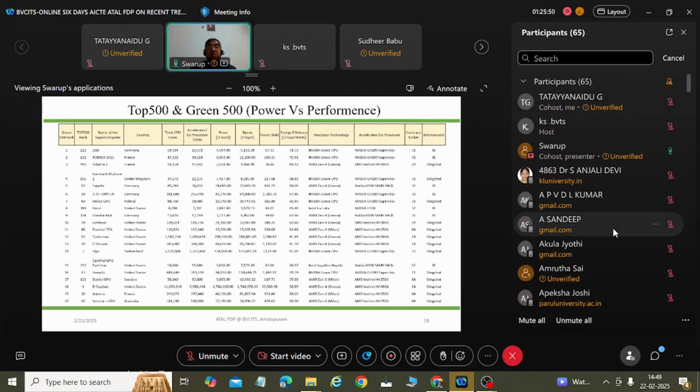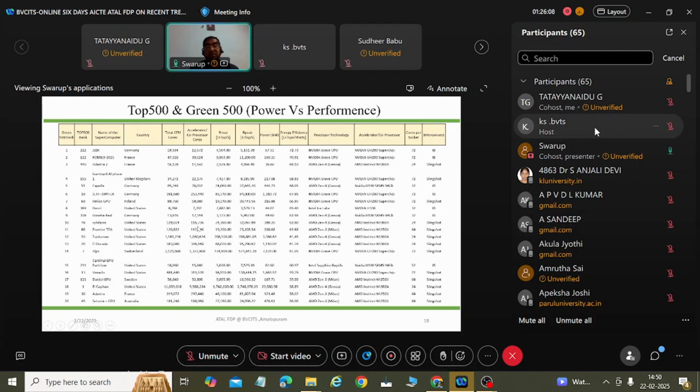Okay. Here you can see the Top500 rank and the Green500 rank, the company, the country, the CPU cores, and the accelerators, like GPU cores, which you call accelerator or GPU coprocessor.